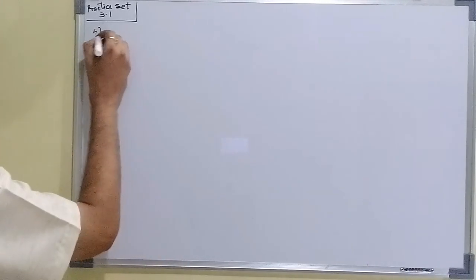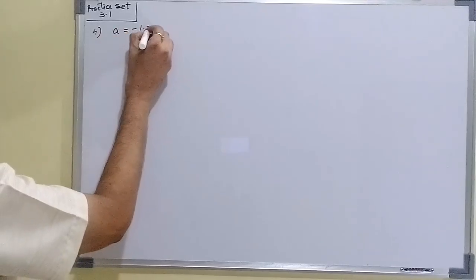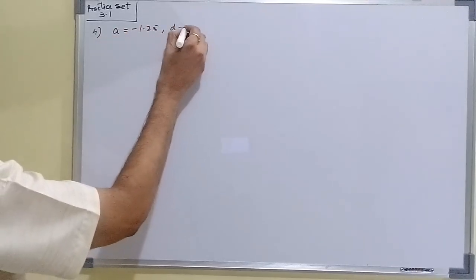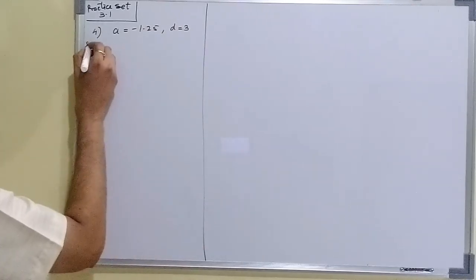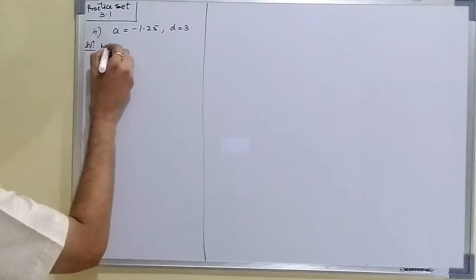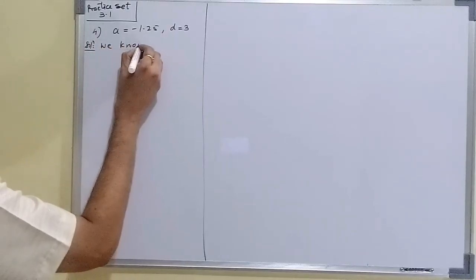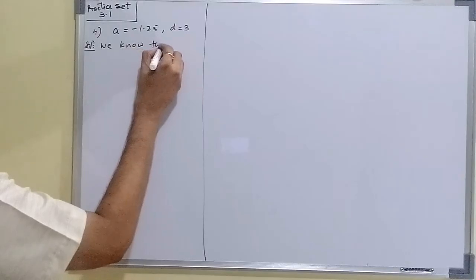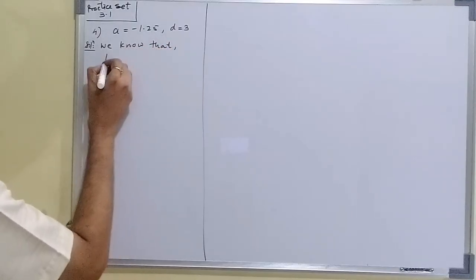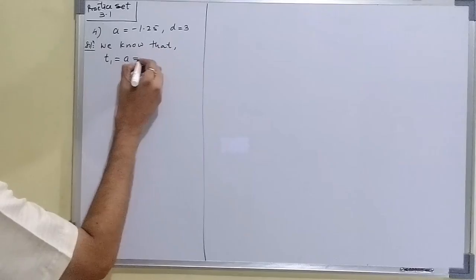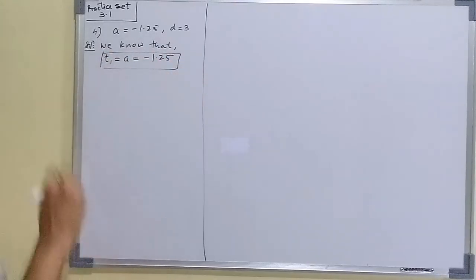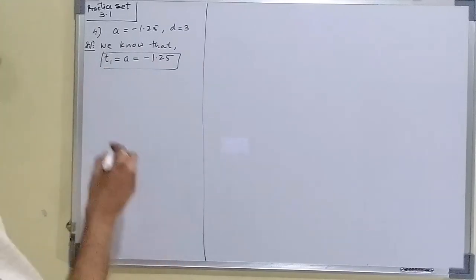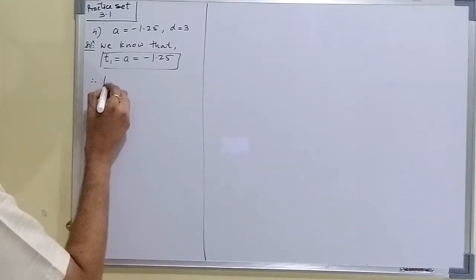A is -1.25, D is 3. तो चलो स्टार्ट करते हैं इसको. Solution. We know that T1 equal to A equal to -1.25. तो फर्स्ट टर्म तो हम जानते हैं, एक दिया हुआ है.